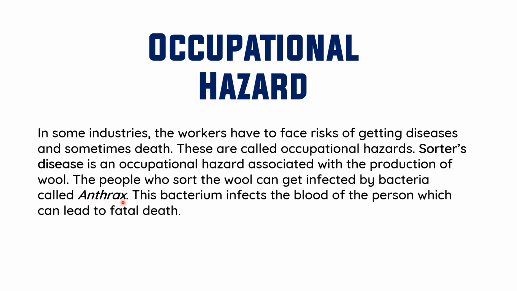That anthrax causes Sorter's disease. This bacterium infects the blood of the person, which can lead to death. So that is the occupational hazard. The name is very important: the disease is called Sorter's disease, and the bacterium that causes it is called anthrax.